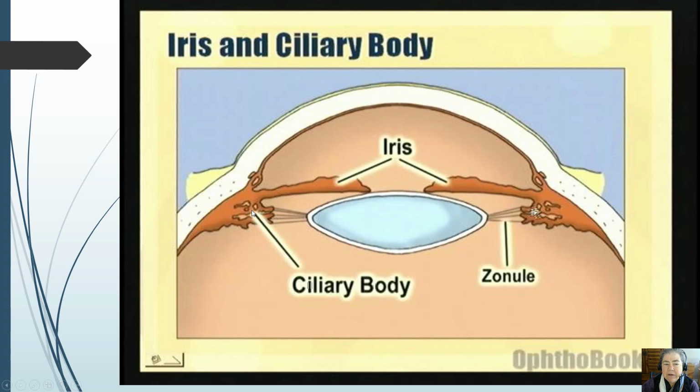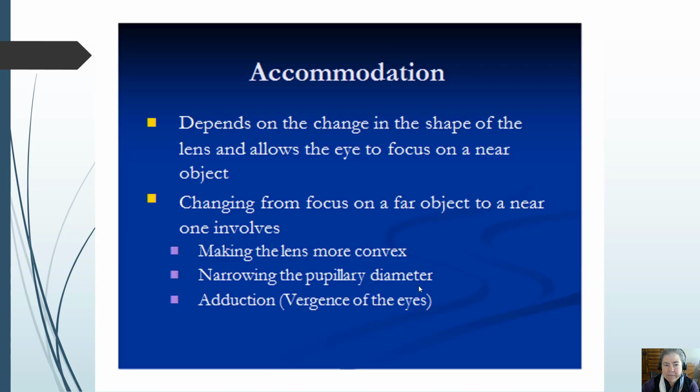And when the ciliary muscle contracts and relaxes, it changes the shape of the lens. And by changing the shape of the lens, it changes essentially the focal length of the eyeball and changes how images are focused on the retina.